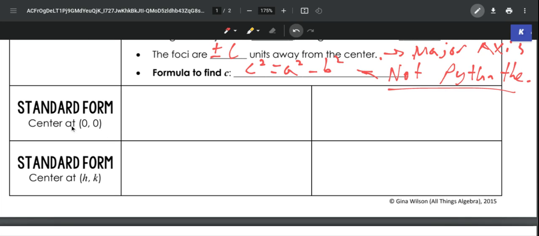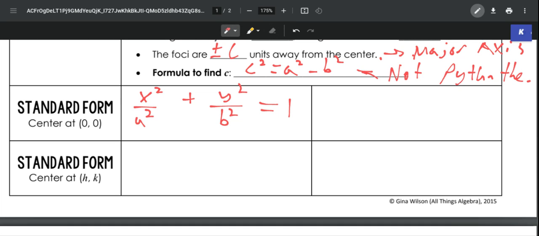So when our center is at 0, 0, our standard form will look like this for a horizontal ellipse. X squared over A squared plus y squared over B squared, and that will all be equal to 1.